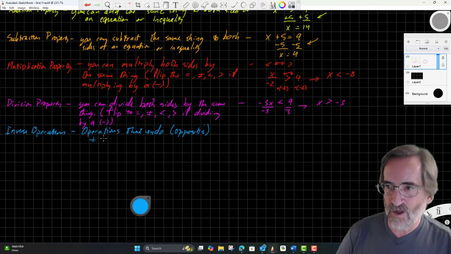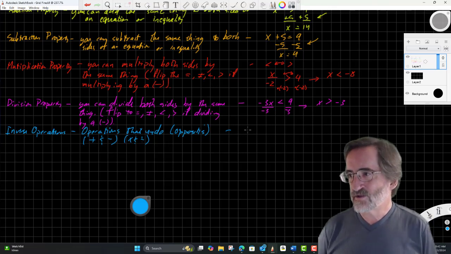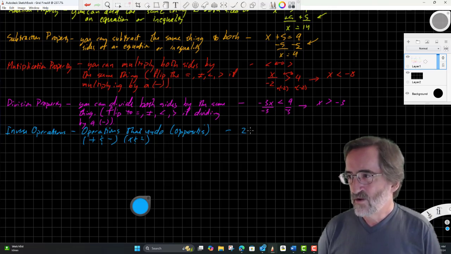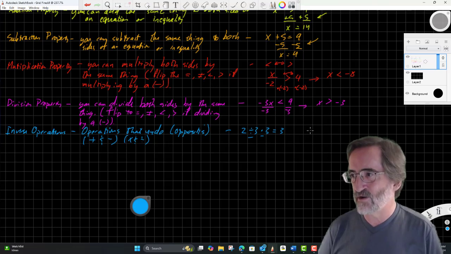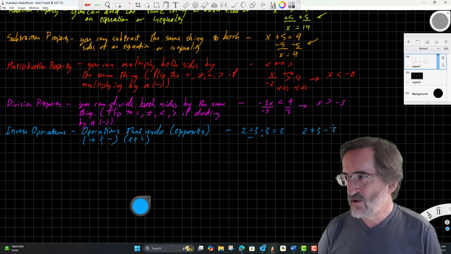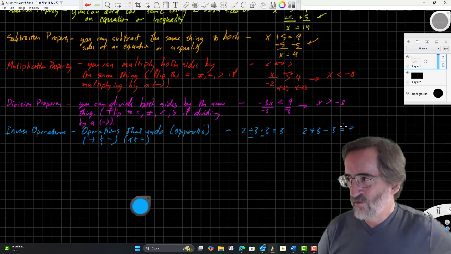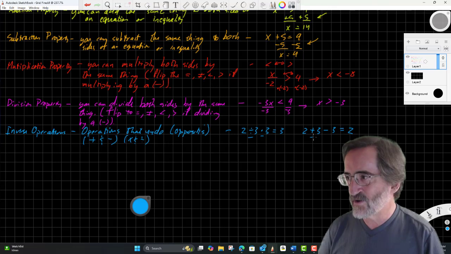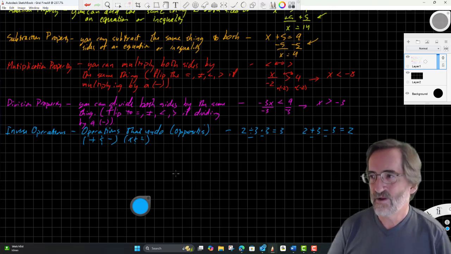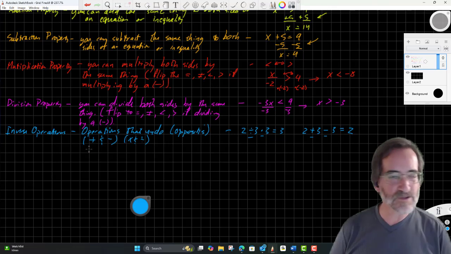Opposites come in plus and minus, and times and divide. Examples: to divide 3 times 3 is 2, because divide and times are opposites, inverses. 2 plus 3 minus 3 is 2, because plus 3 and minus 3 are opposites and cancel each other out. Inverse operations.